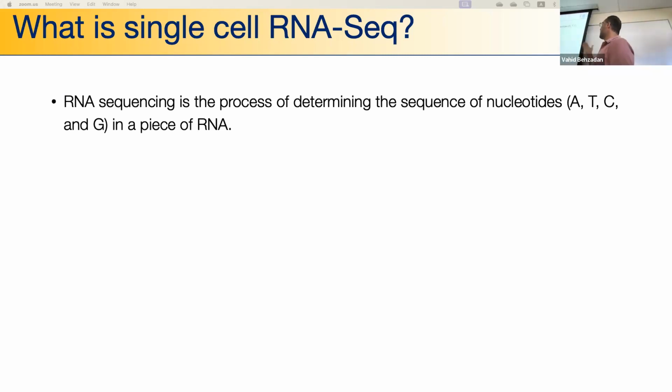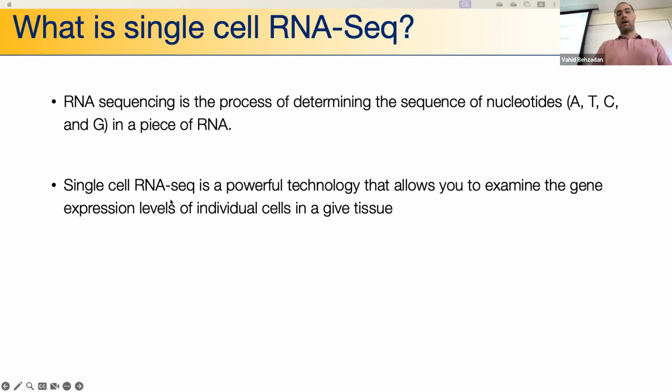Their names are A, T, C, and G, and the different combinations create different types of proteins and different types of RNAs. So when we say RNA sequencing, we mean determining which RNA is transcribed at this time for that specific cell, and so on.